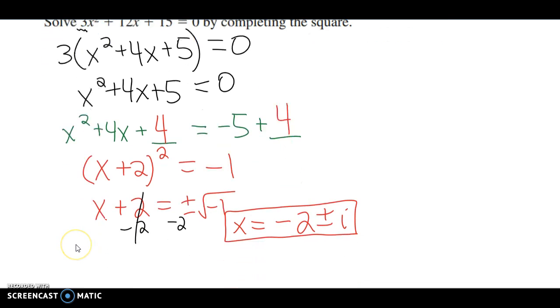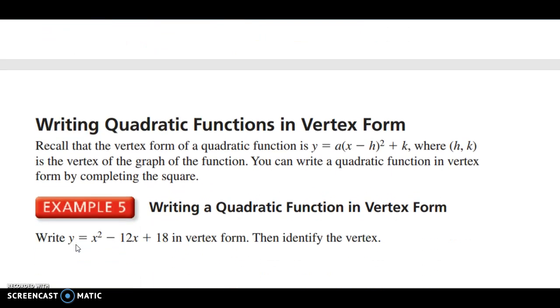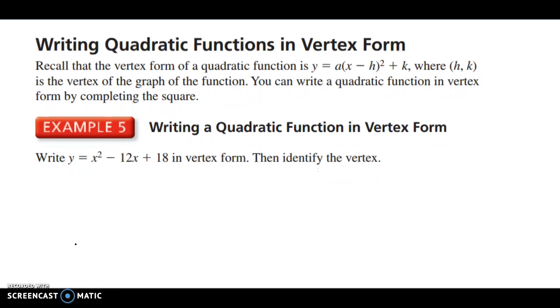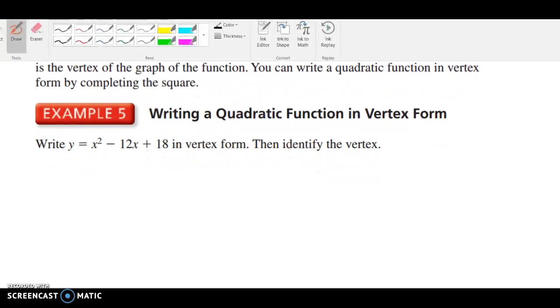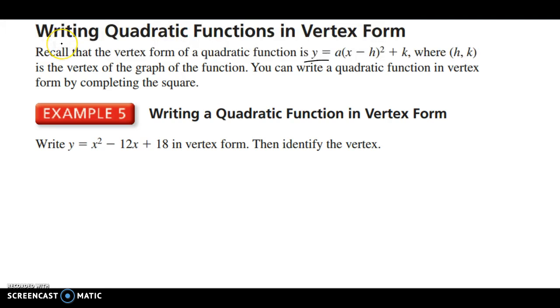Now skip ahead to example 5, where we are writing quadratics in vertex form. Remember, vertex form is up here, where (h, k) is my vertex. And how we're going to start this is by completing the square, but leaving everything where it is.